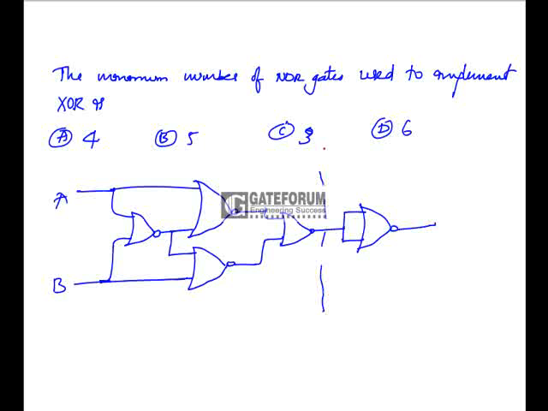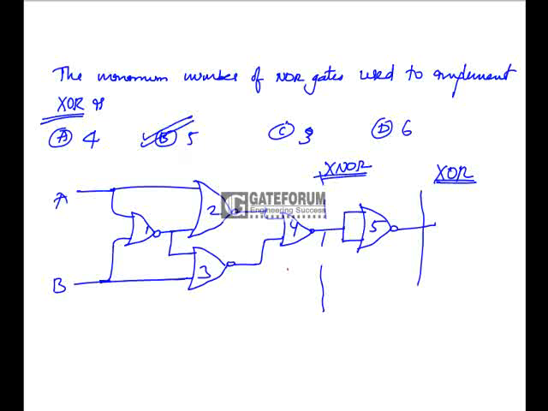At this point you will get the XNOR output, but what is the question? We require XOR. So at this point we will get the XOR output. So how many are required? 1, 2, 3, 4 and 5. So option B is the correct answer.